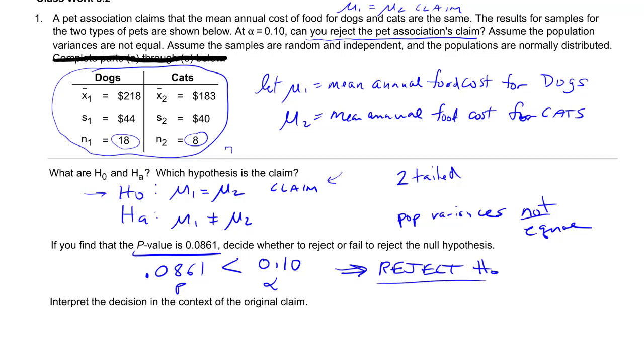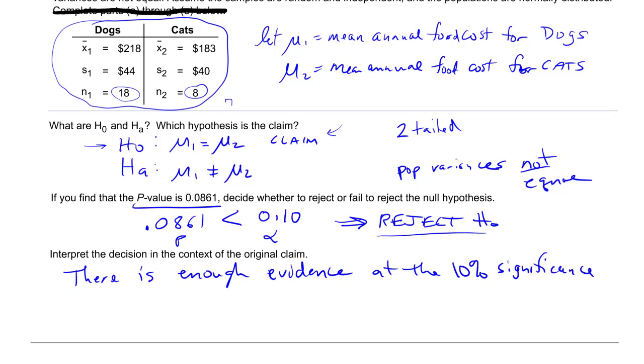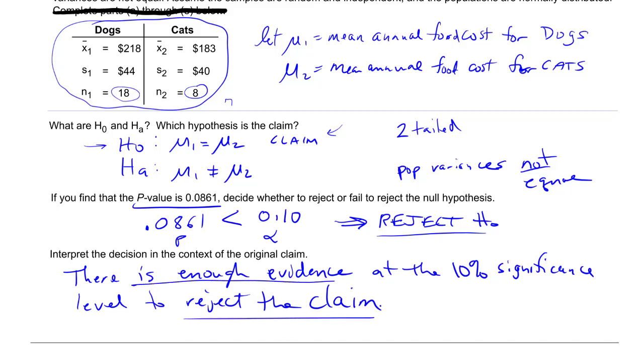We showed that we had enough information to reject it, hence there is enough evidence, and again, we should say probably at the 10% significance level, to reject the claim. There is enough evidence to reject the claim here. That claim being that the annual pet costs were equal.